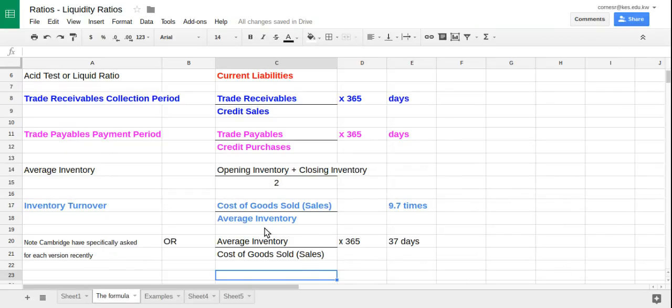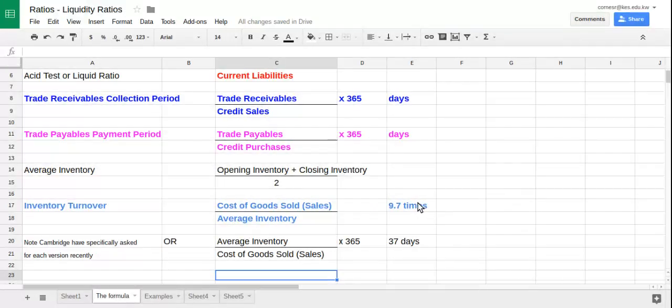They're actually the same ratio, they mean roughly the same thing, but what you'll notice is that this one is given in terms of times, and it's cost of goods sold or cost of sales over average inventory, or this version of the ratio is average inventory divided by cost of goods sold and then times by 365. This one is given in terms of time.